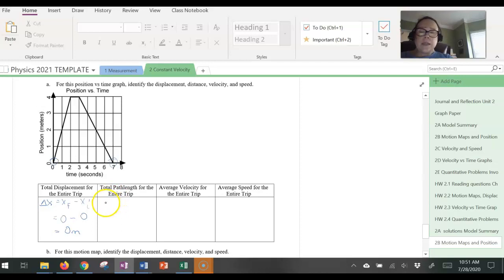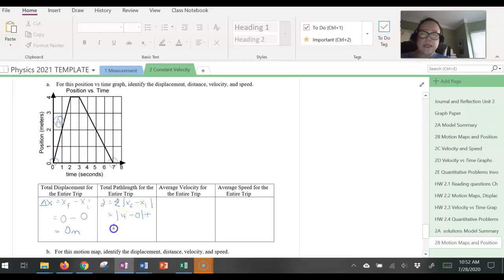So what I want to do, this is D, I want to take the sum of the absolute value of the individual displacements. And so for the first part of the trip, which I'll call A, the displacement was 4 minus 0, right? In that first part of the trip, it moved from position 0 to position 4.